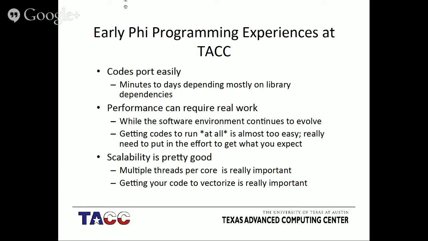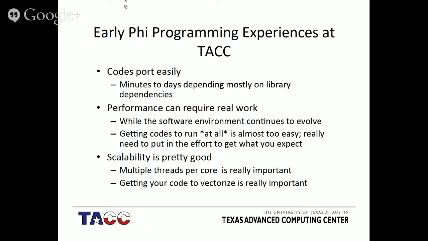Getting the code to run, because it's just a recompile where you change Xhost to -mmic, is almost too easy. And then the real effort goes into step 2, the optimization. But scalability on the card, and that was a concern at the beginning, if you have 60 cores, 120 threads, and cache coherency, could scalability be a bottleneck?